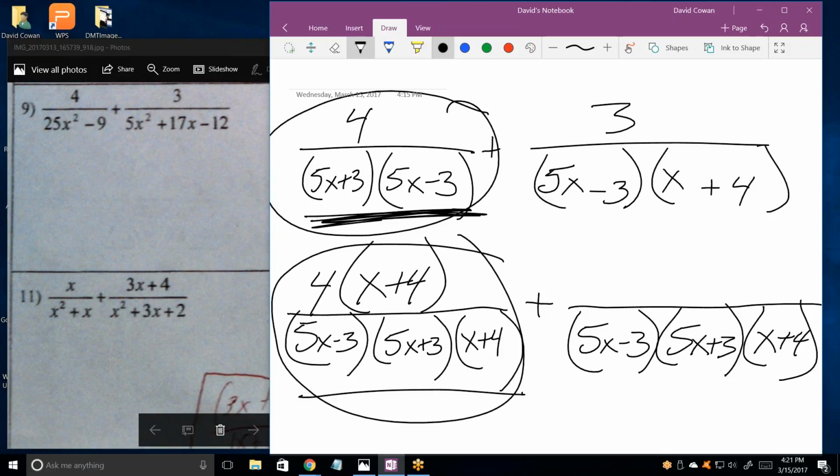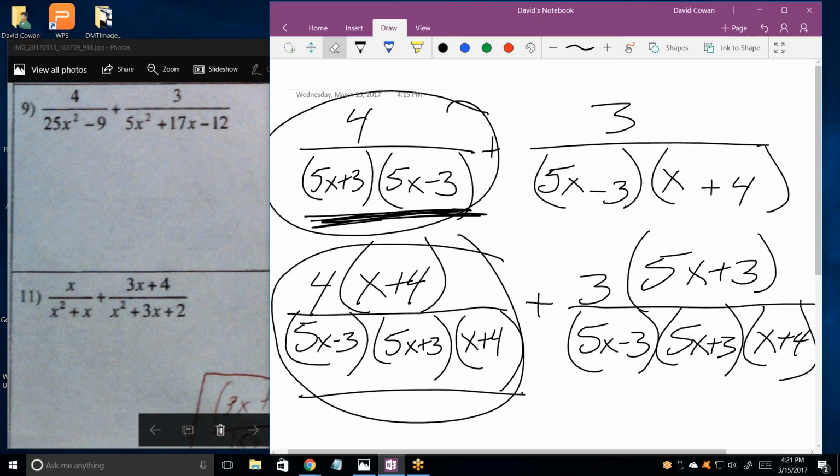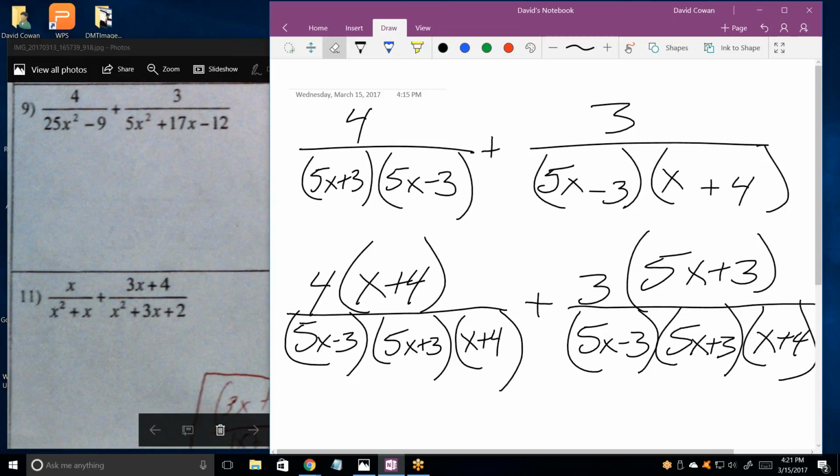And then for the other side, you would just do 3 times 5x plus 3, right? You got it. That's the way to do it. In other words, you don't have to actually go through that division process. It's actually, I think, more efficient to just make sure you have not changed the fraction.